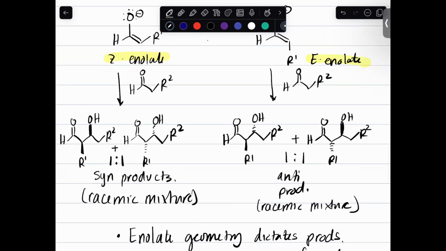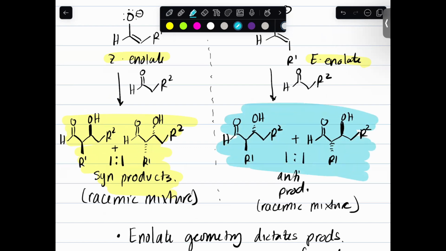Let me draw out a line between these, because I do want to say a little bit more when it comes to this. These are diastereomers of these. Okay. And vice versa. These are diastereomers of these groups.